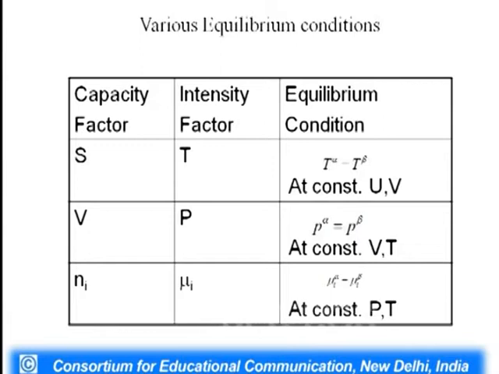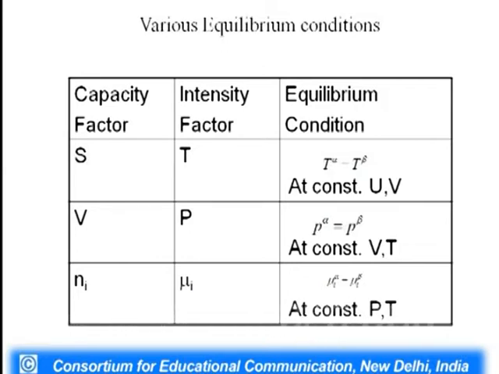So we have three different conditions. First is the isolated system; whenever we discuss an isolated system, temperature must be constant at equilibrium.